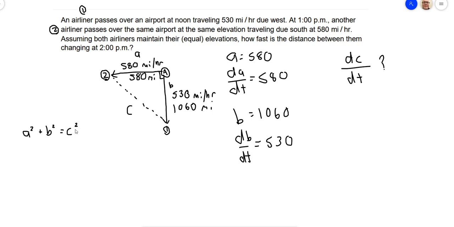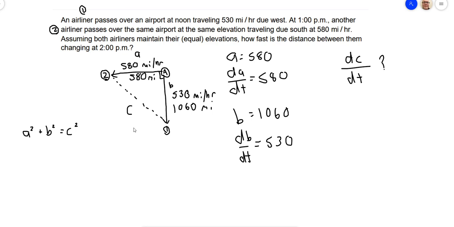Now remember, we have to think back to implicit differentiation. We need to do something so that we get a dA over dt, a dB over dt, and a dC over dt. And let's go ahead and figure out what this c is, since we're going to end up needing that as well.